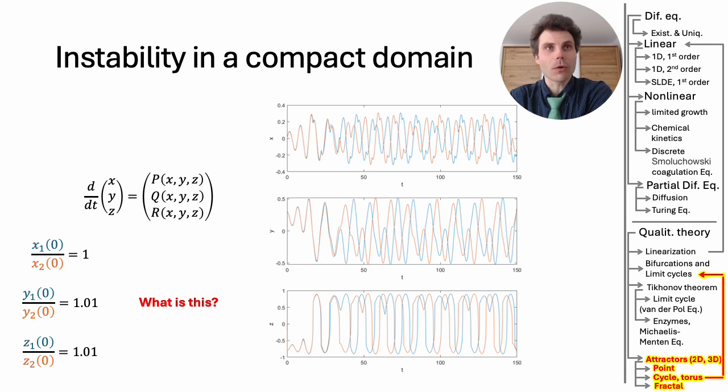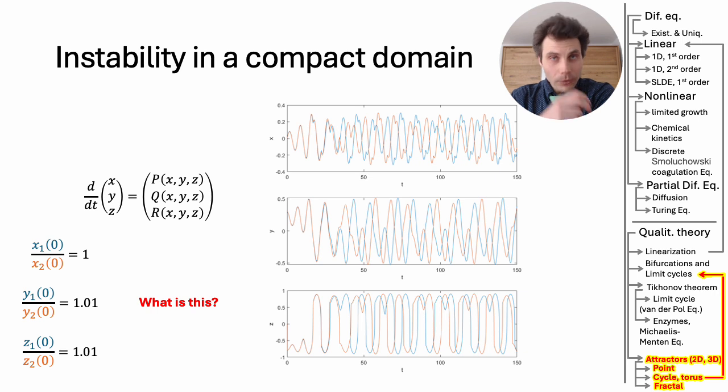He found that all trajectories are unstable while being confined in the same compact domain of x, y, and z. They repel from each other, they never repeat, they never converge to any points or any stable trajectory, and they uniformly fill a certain domain, which appeared to be quite complicated actually, this domain.